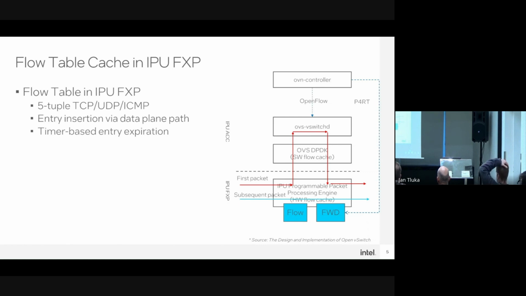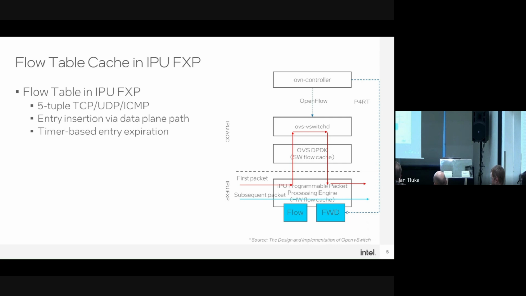And once it is determined to forward the packet to the target port, the flow is offloaded into the flow table cache from the OVS software data path. The flow table in the IPU FXP is a 5-tuple flow header based table having only two actions, accept or deny. Unlike any other P4 table, this table has a special ability, which is that it is capable of entry insertions via the data plane.